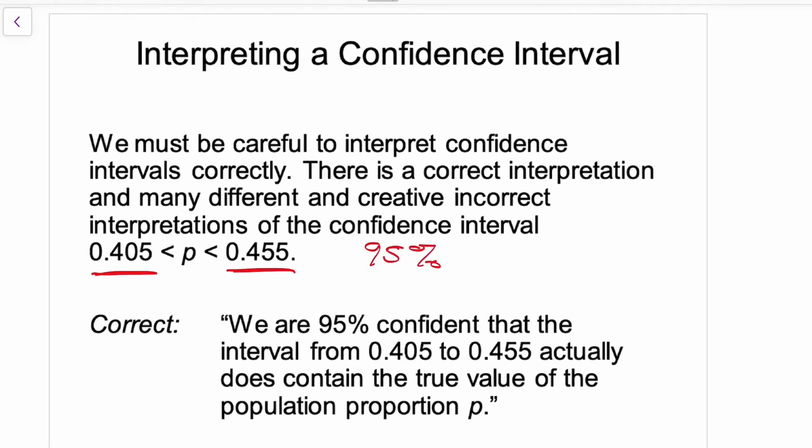The correct way that we will interpret this is that we are 95% confident that our interval does contain the population proportion. That we have a 95% confidence level that the population proportion is actually contained in our constructed interval.